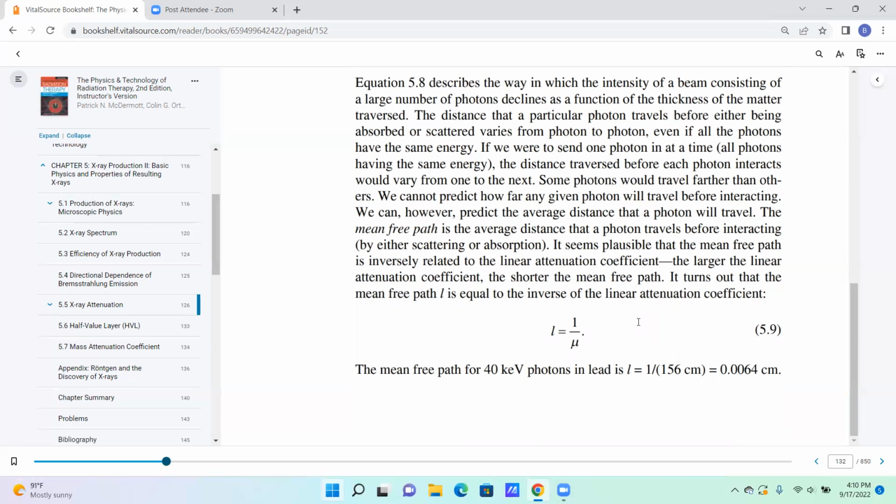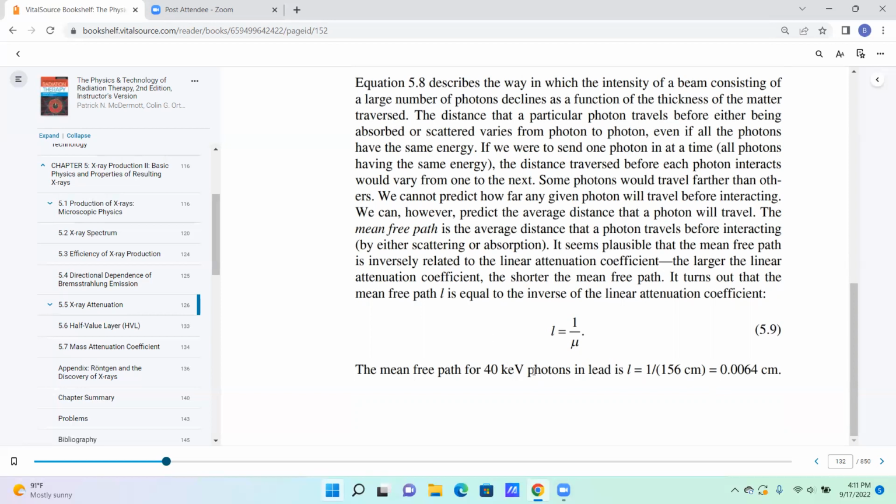If it takes more thickness for you to reach the average path of the beam, then the linear attenuation coefficient is not as strong. If your linear attenuation coefficient is very strong, the beam is not going to go very far through there. So that's why there's an inverse relationship between the two.